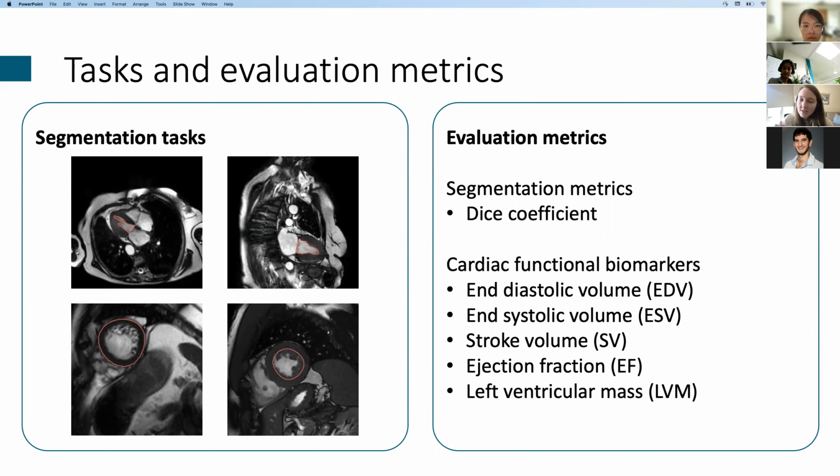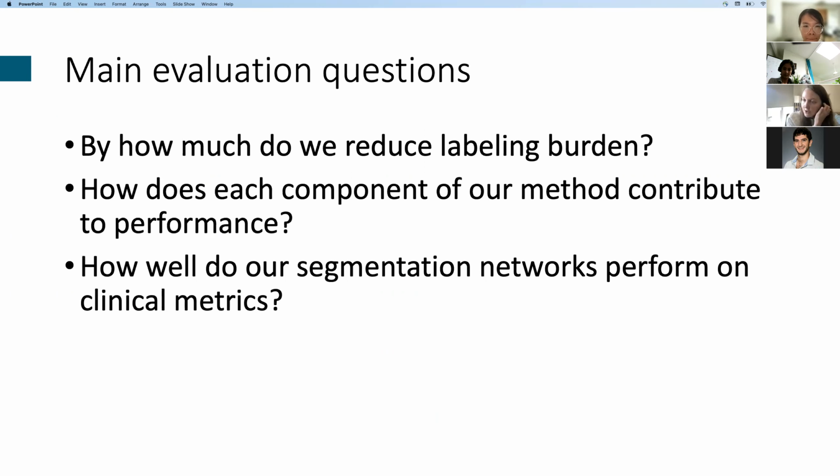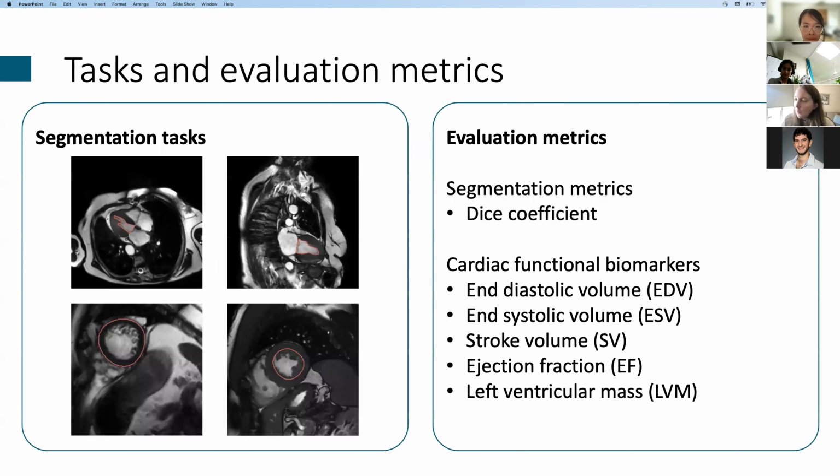Left ventricular mass is the mass of a certain part of the left ventricle. And these functional biomarkers help them diagnose different diseases and monitor cardiac health. So that's what I mean by this third evaluation question: how well do our segmentation networks perform on clinical metrics? We wanted to evaluate on these biomarkers that cardiologists actually care about.